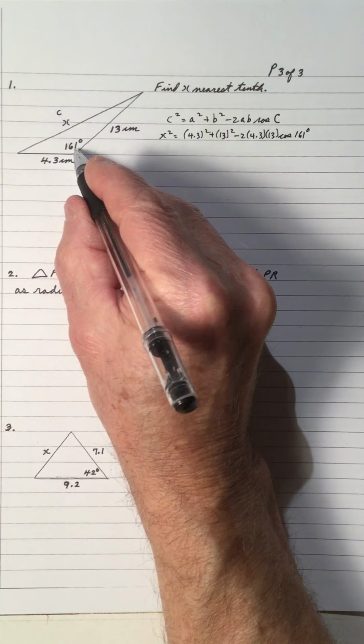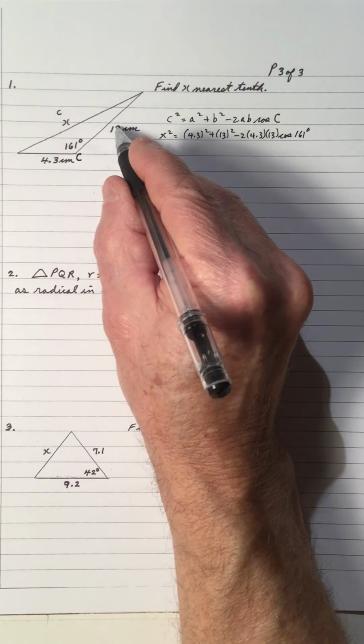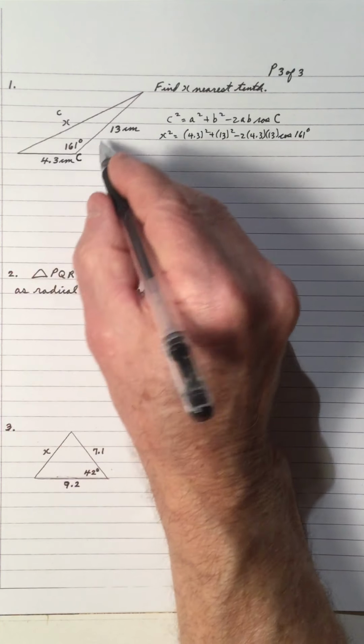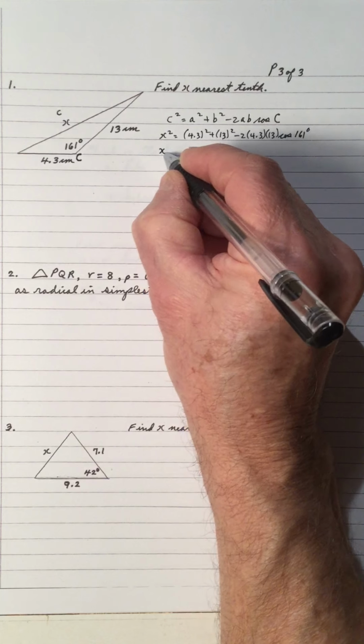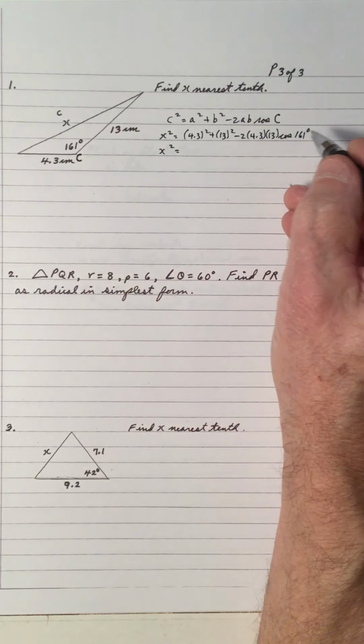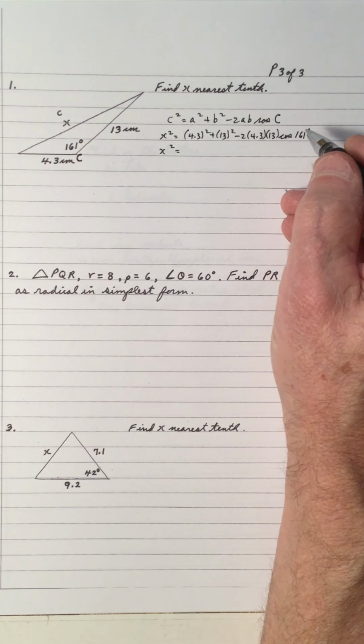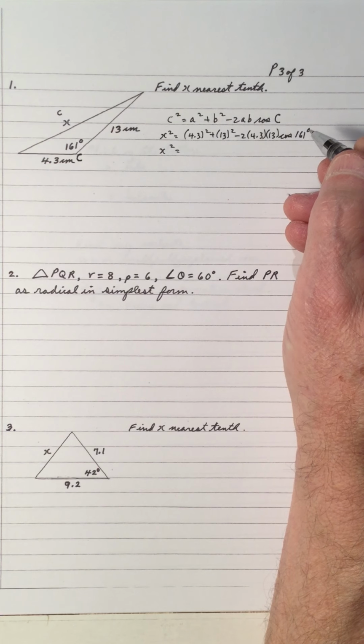Notice this is an obtuse angle, so this number here is going to be longer than the 13. There's 13, so this has got to be longer. Now, if you want to plug all that into a calculator, be my guest, or you can work them out individually, and it's your choice.